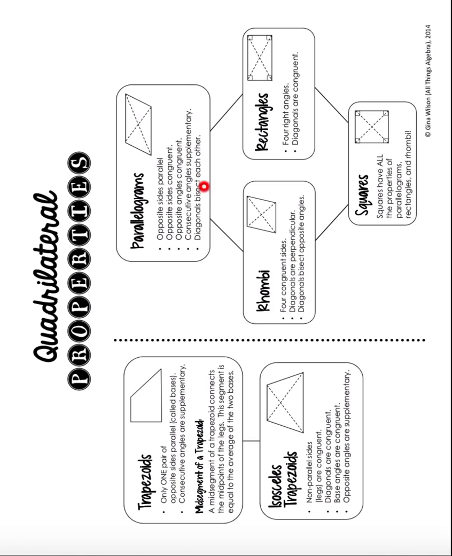Special kinds of parallelograms are rhombi and rectangles, and then the combination of rhombi and rectangles is a square. And these are all the properties that go with it. So this is a good summary worksheet over all the things we've done so far.